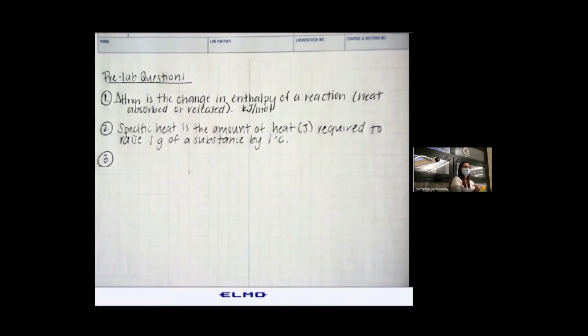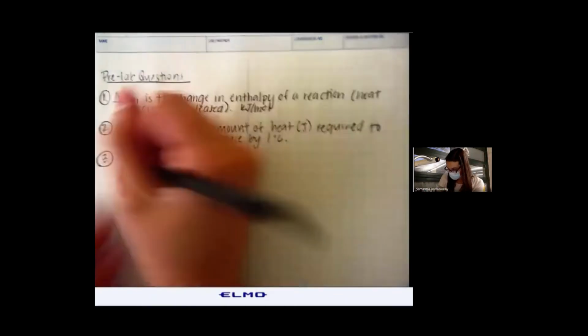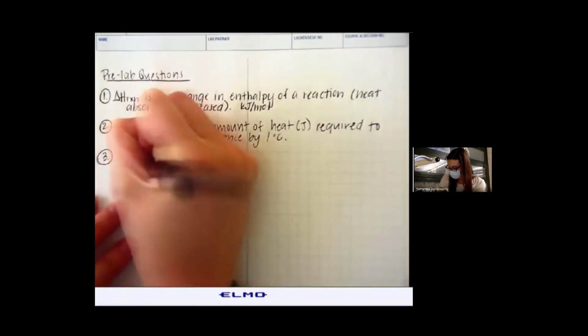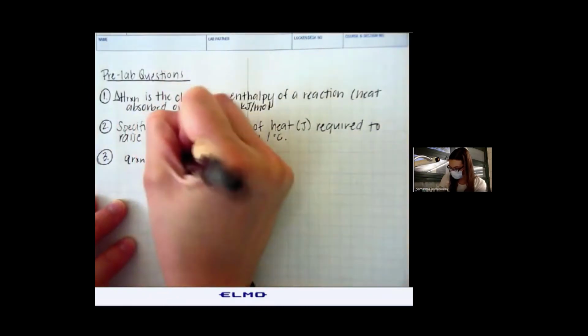So this is a solution calorimetry problem. We know that it's solution calorimetry because it says we are mixing 2 solutions together. So in a solution calorimetry problem, we always have 2 focuses: Q reaction and Q solution.